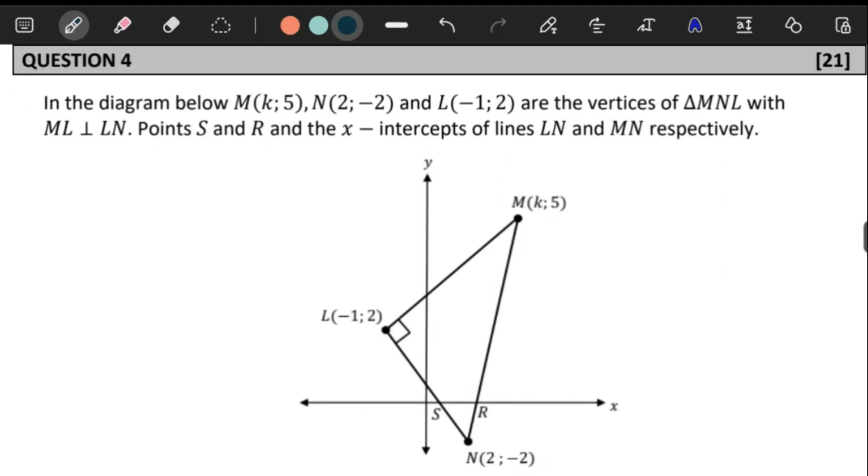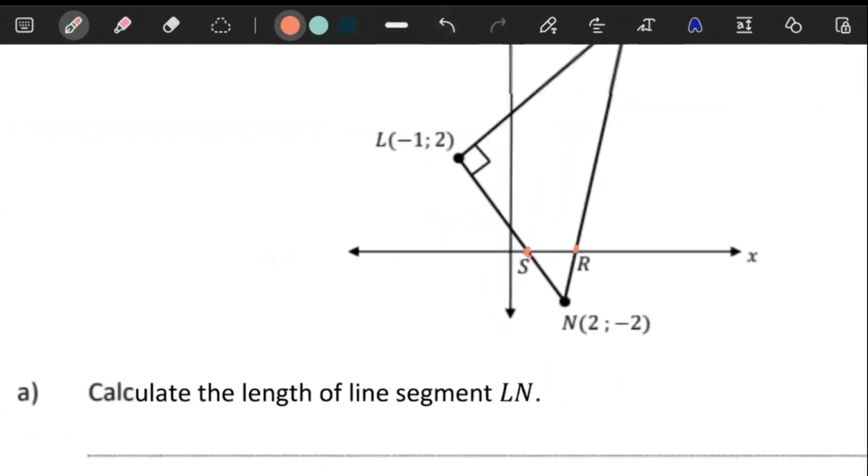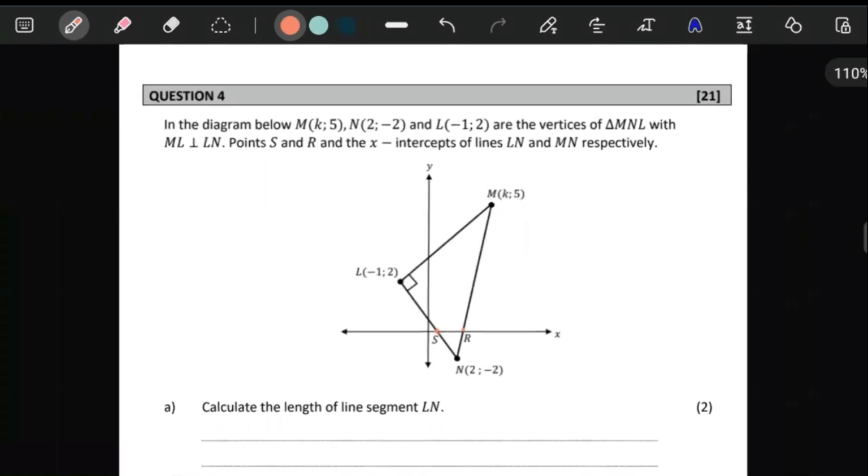Then it says points S and R are the x intercepts of lines LN and MN respectively. Oh, they are the x intercepts of these two lines. Yes, we can see that here and here. And then it says you calculate the length of the line segment LN.